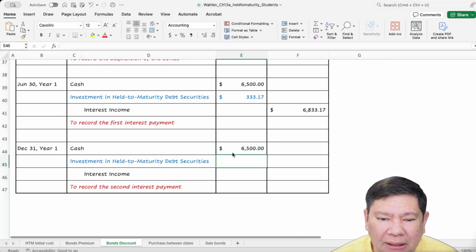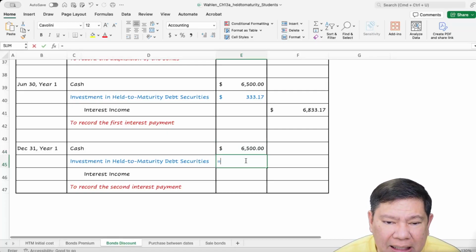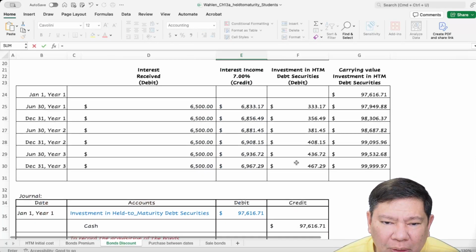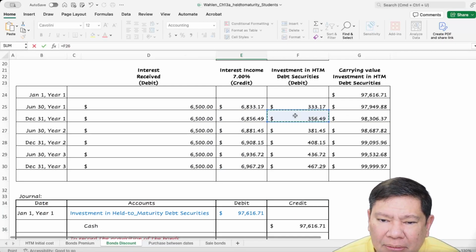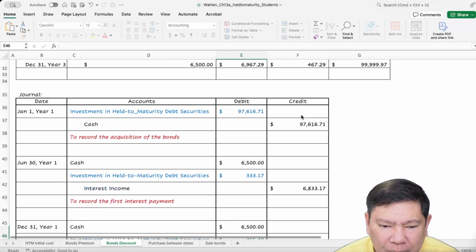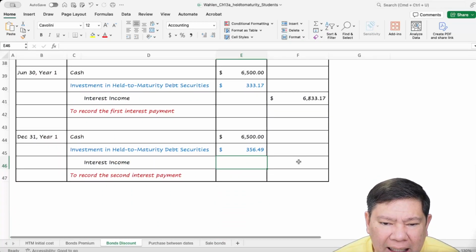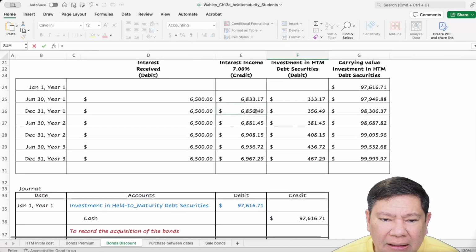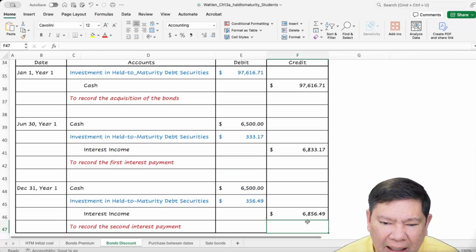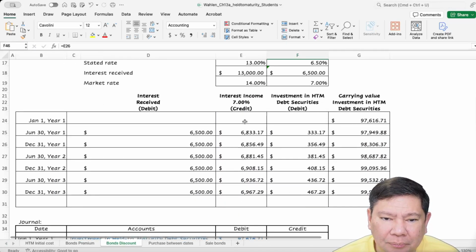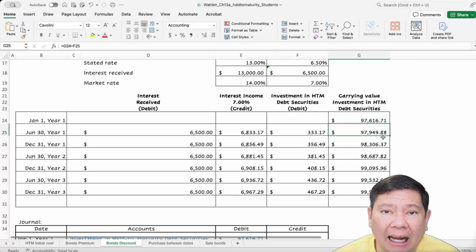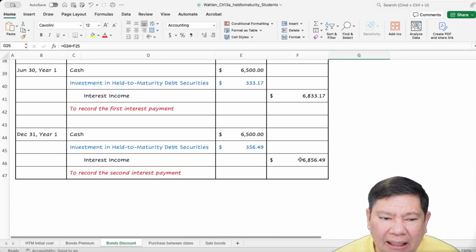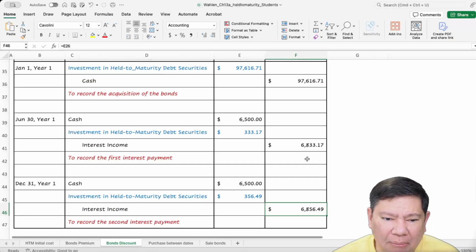The cash will still be the same, 6,500, but the discount amortization would be from the second one here, 356.49. Okay, and then the interest income is higher, 6,856.49. 7% of a higher carrying value results in higher interest income.